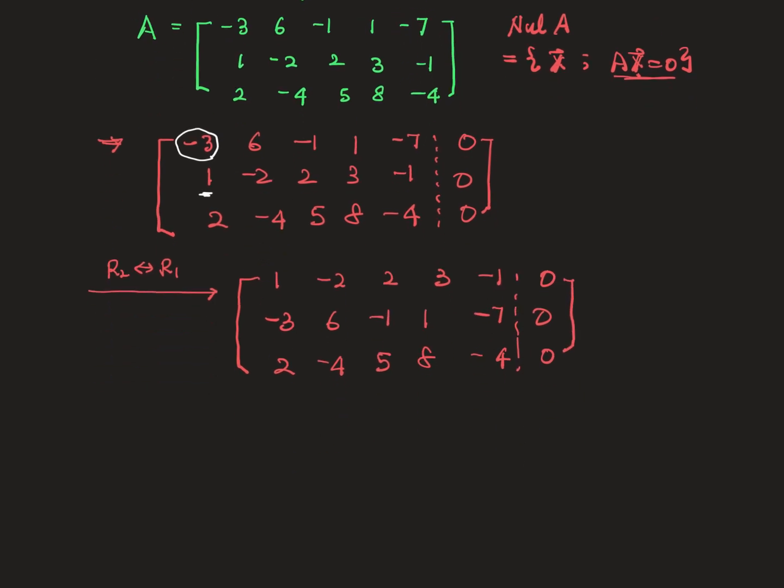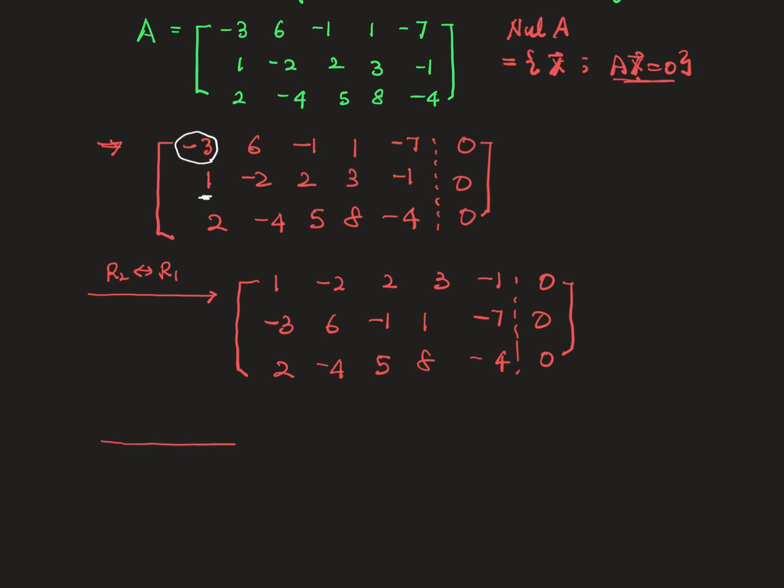Okay, so let's do the two row operations at the same time. What is the next step? This should be 0. This should be 0, right, guys? So what do you have to do? You have to do 3 times R1 plus R2 goes to R2. Negative 2 times R1 plus R3 goes to R3.